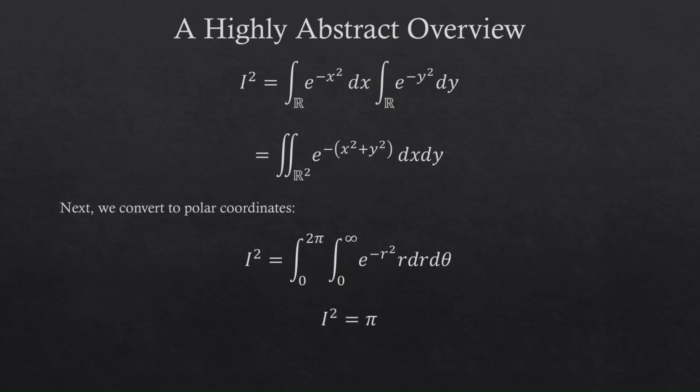As we should be familiar with by now, I squared computes to pi, such that I is equal to the square root of pi. So therefore, the integral from negative infinity to infinity of e to the negative x squared dx is the square root of pi.